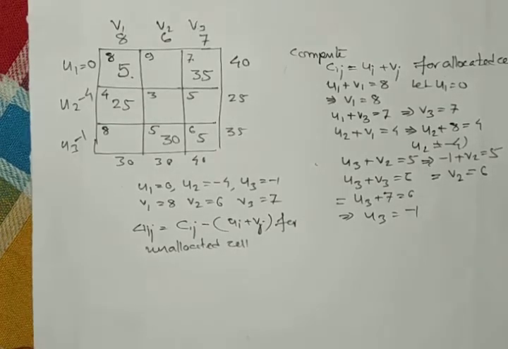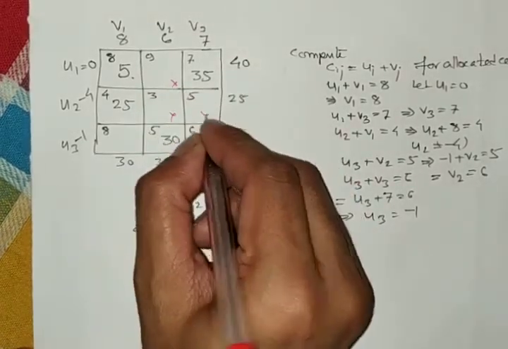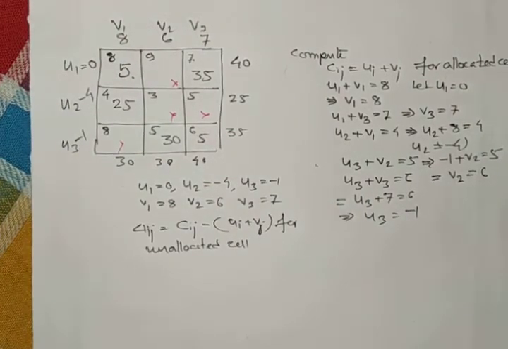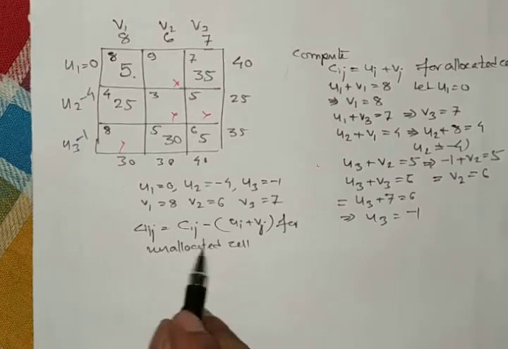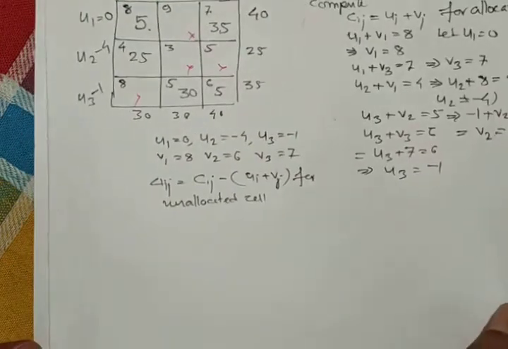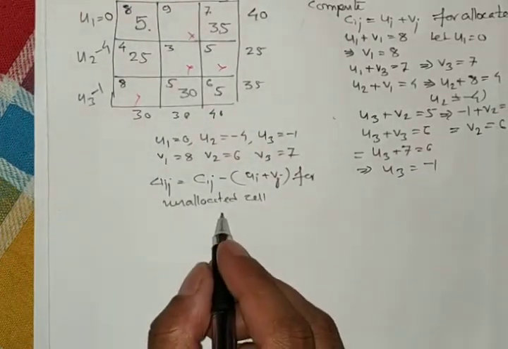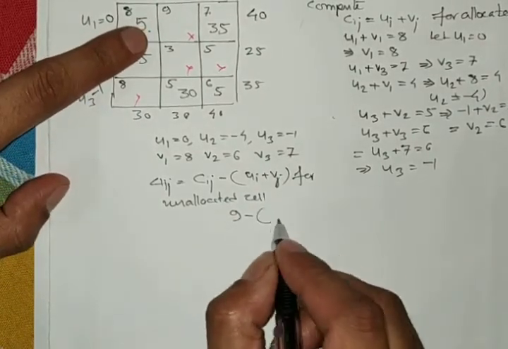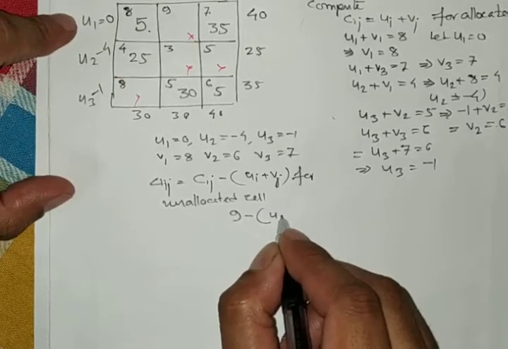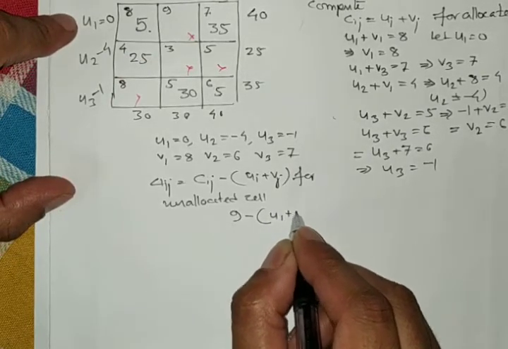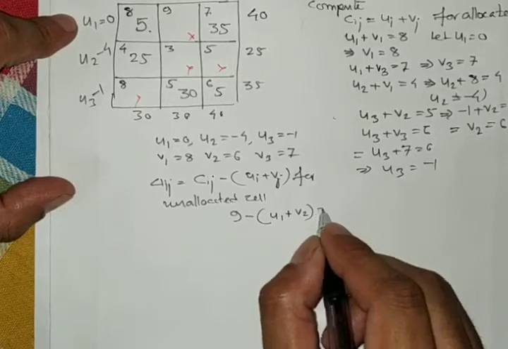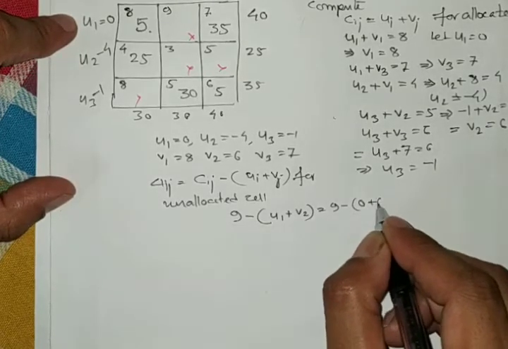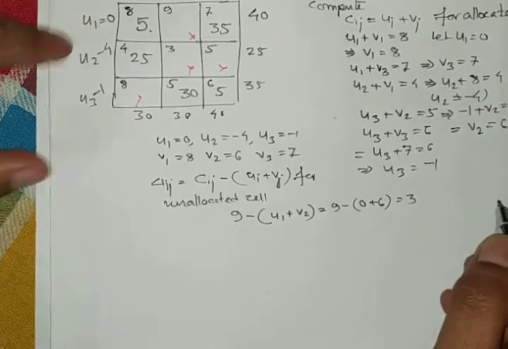So here unallocated cells are this and this. So let's find out this value. For unallocated cell, this is 9 minus (u1 plus v2). So 9 minus (0 plus 6), so it will be 3.